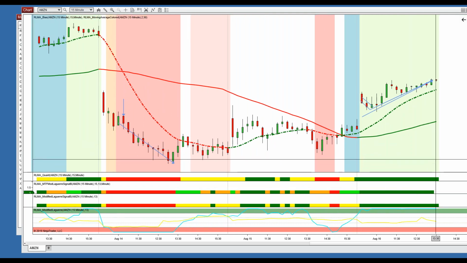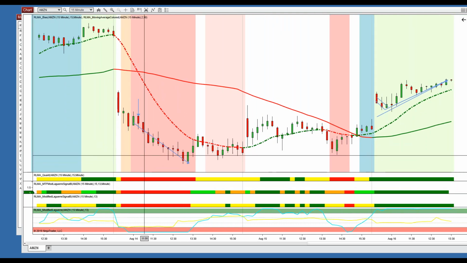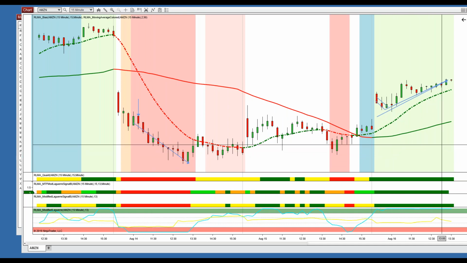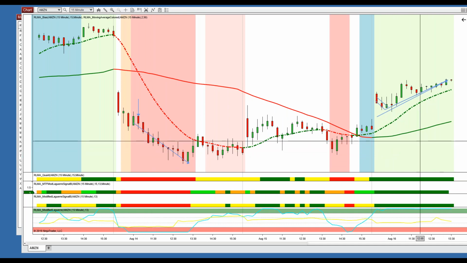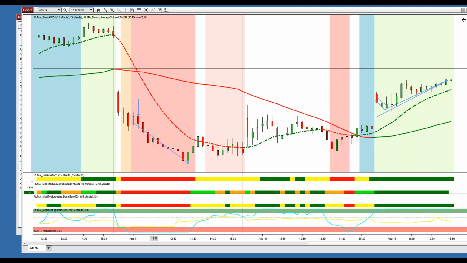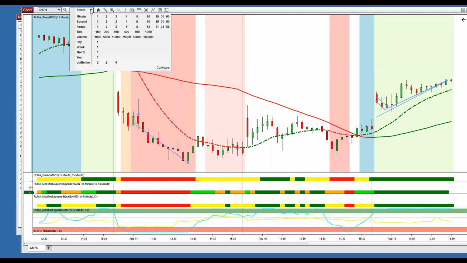Here's where you get your signals. And here's where you get them. Red, red, red, green, green, green. And those are your longs and those are your shorts. So in the course of a morning, you can cherry pick the best trades. And we'll quickly go to Microsoft on a 5-minute.